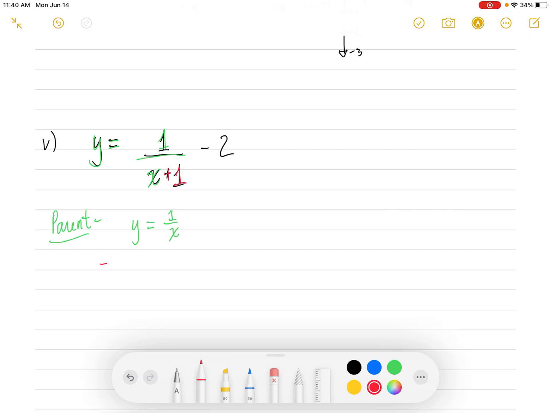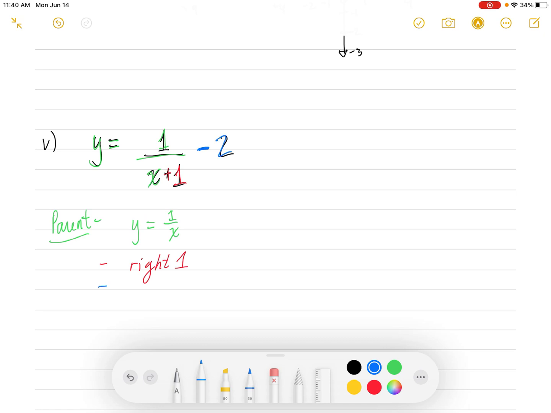So inside of the function, you have this +1. Being inside of the function basically means being in the denominator with the x. Anything outside of the denominator that's separate from the 1 over x piece, like the -2, that would be outside the function. So I have +1 inside of the house.